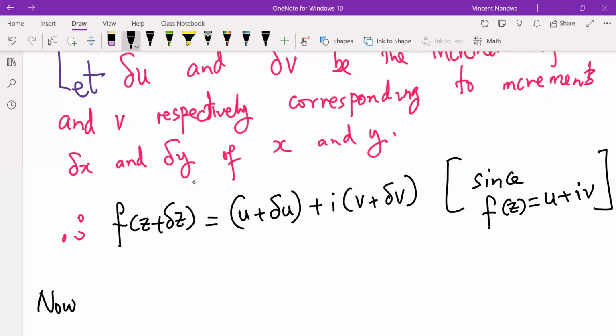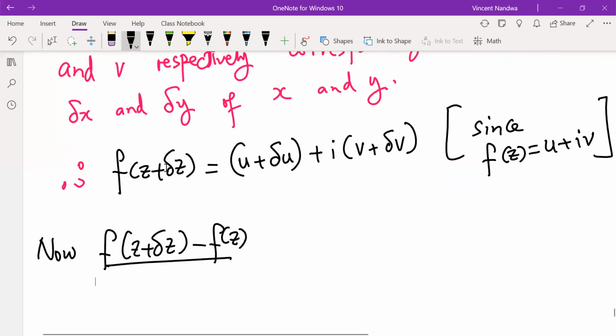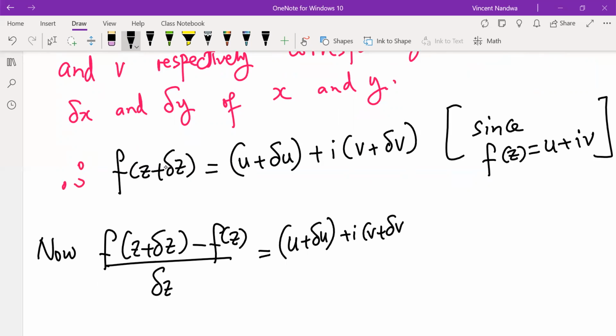Now, f of z plus delta z minus f of z, divided by delta z, will be given by u plus delta u plus i times v plus delta v, minus u plus iv, divided by delta z.